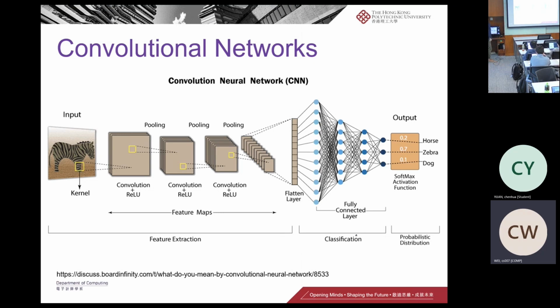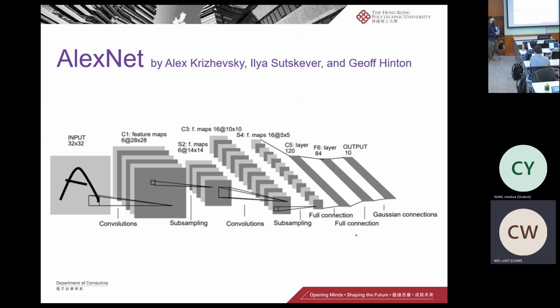Then we can apply that general structure to some famous neural networks. Here is one called AlexNet. AlexNet is the first CNN which attracted tremendous attention. The story is that people built ImageNet, a very large data set, enabling people to train classifiers at large scale.